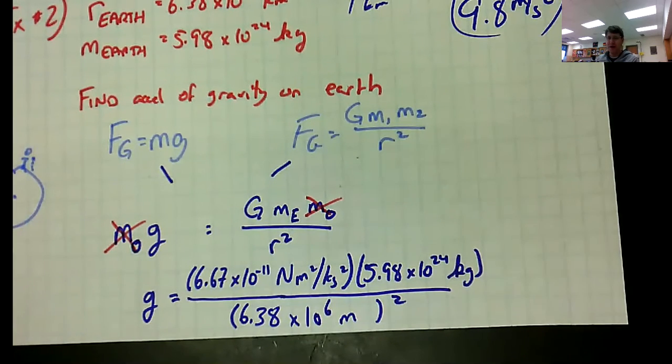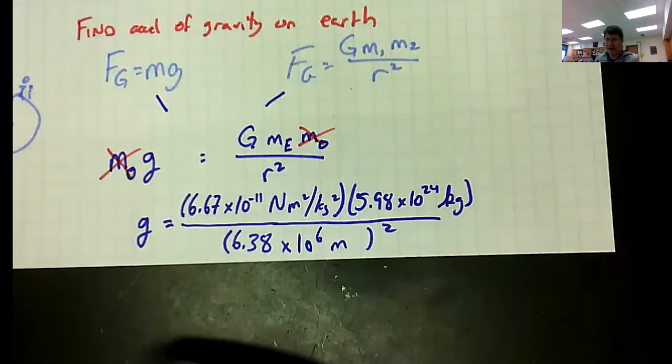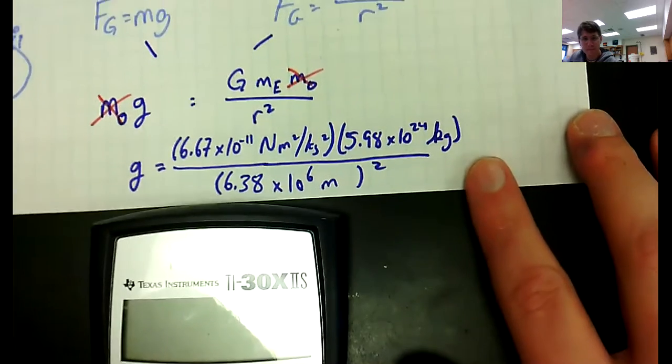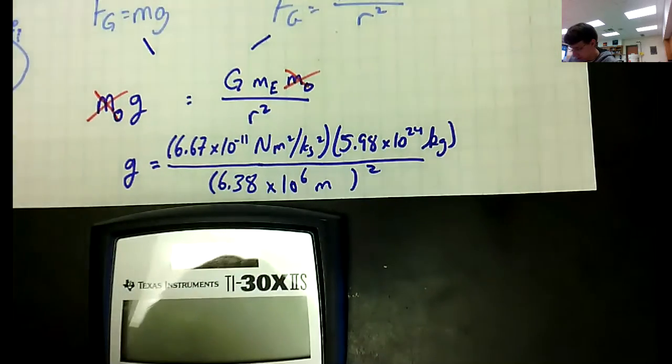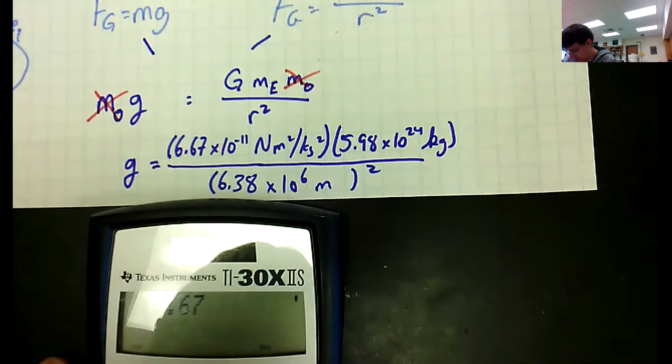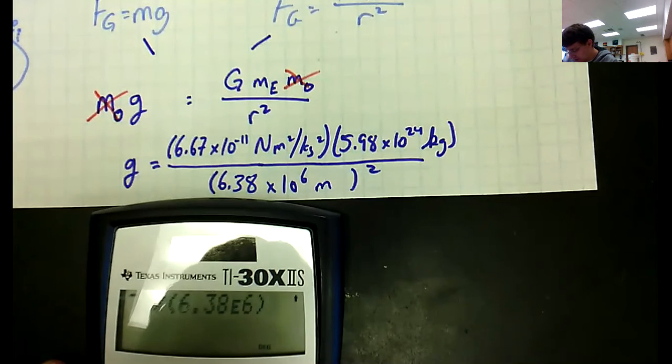So go ahead and try typing this in your calculator and see if we can get 9.8 out of this. One thing to be careful about is to make sure to square your denominator.